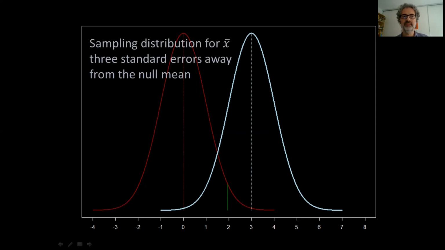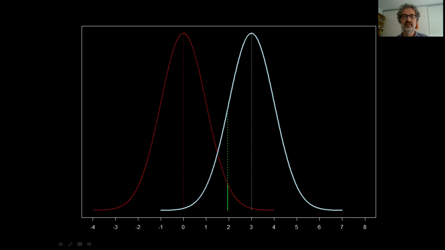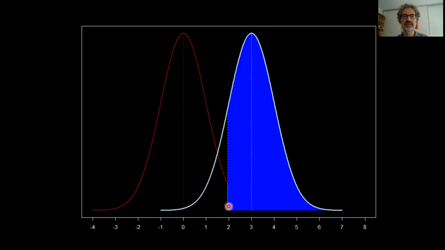So when the sampling distribution for the mean is 3 standard errors away from the null mean, as in this diagram, then your criterion based on the null hypothesis will lead you to reject the null hypothesis whenever you get a sample from this region.